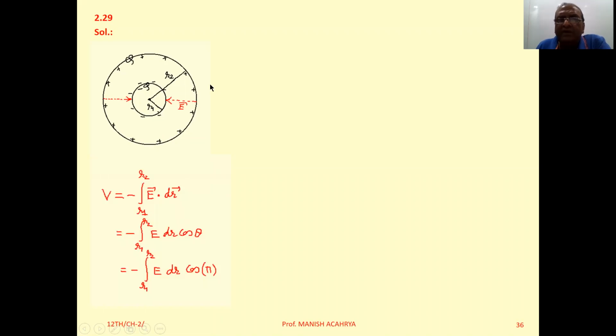Now we want to derive the equation for the capacitance of this spherical capacitor. So we have to find the potential difference between these two conductors, means these two plates. So we can write V equal to minus integration R1 to R2 E dot dr. So we can write minus integration R1 to R2 E dr cos theta.